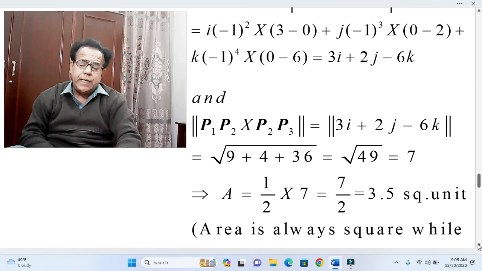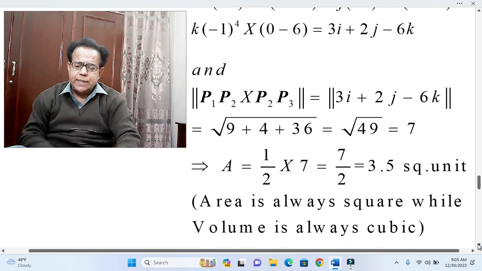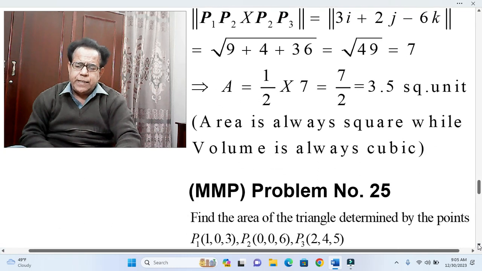And we know that the area of a triangle is half of the area of the parallelogram, so we have to divide it by 2, and hence our area of triangle will become equal to 3.5 square unit. As in the previous problem, area is always square while volume is always cubic.